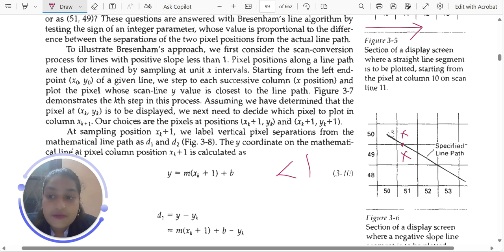Starting from the left hand point, if we have a graph like this, it starts from here. This is x0, y0. We step to each successive column, x position, and plot the pixel whose scan line value is closest to the line path. That is, we increment the x value just like we did in the DDA line algorithm, but here the formula will be different.